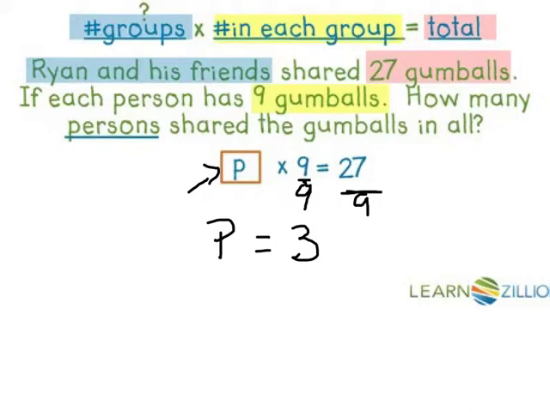Alright, and we ask ourselves, does that make sense? There were 3 people. 3 people had 9 gumballs each for a total of 27. Okay, that answer makes sense. Alright, go to the next problem.